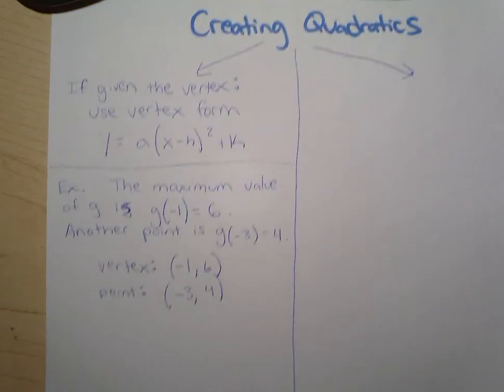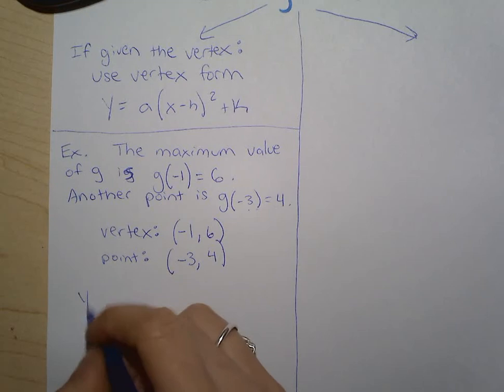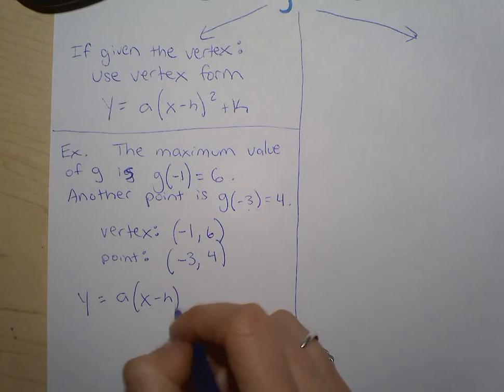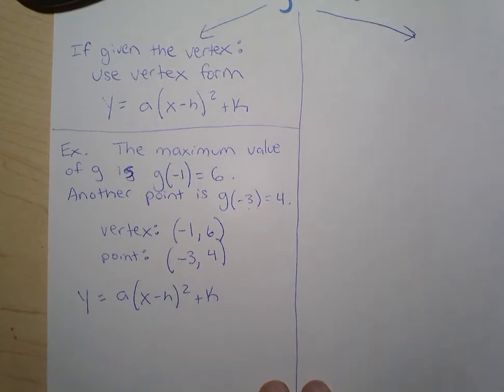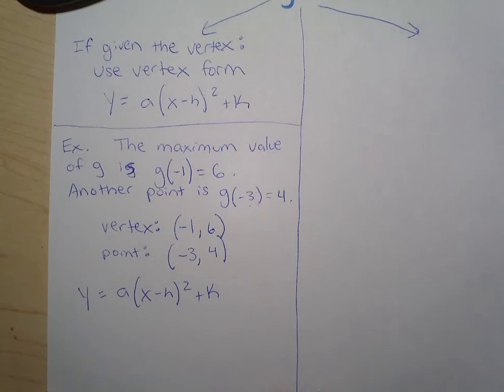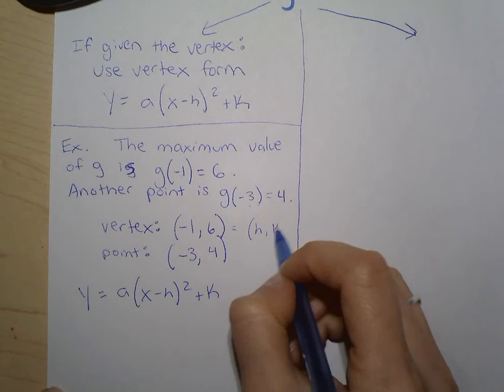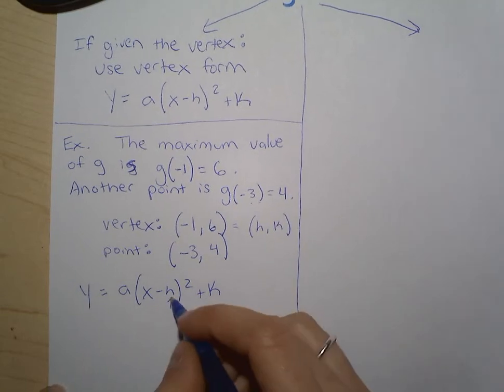So our vertex form, we said, was y is equal to a times x minus h squared plus k. I know my vertex is equal to h comma k. So I'm going to plug in for h and I'm going to plug in for k.